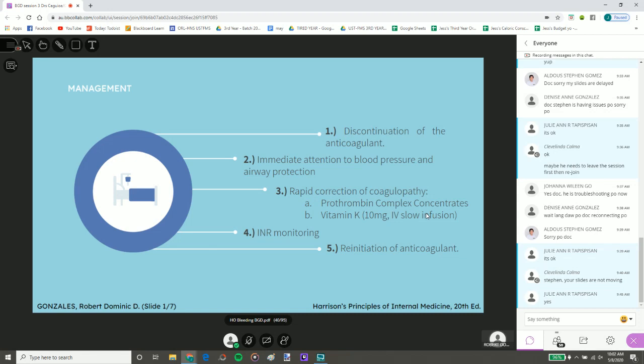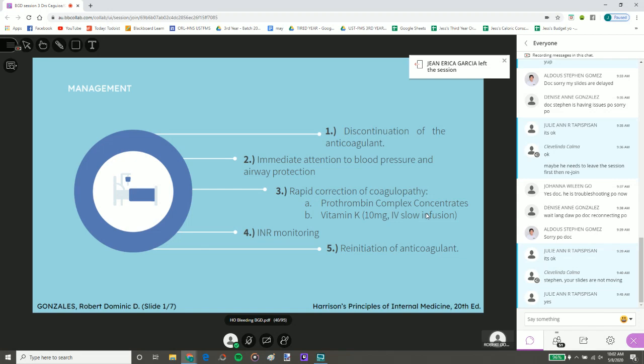So next, acute management for intracerebral hemorrhage also calls for immediate attention to blood pressure and airway protection. Thereafter, upon evaluating these two factors, we can switch our focus to medical and surgical management.